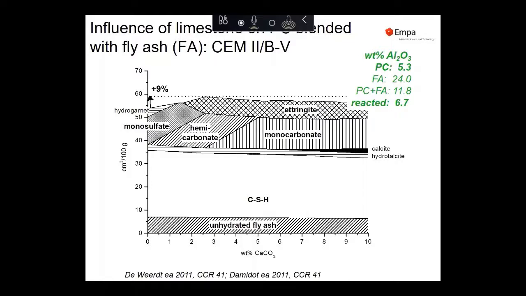If we have other cementitious materials like blast furnace slag or fly ash or metakaolin in the cement, we can also amplify the limestone effect we've seen before, as shown here on a Portland cement fly ash system, where we have, in addition to the Portland cement, around 50% of fly ash and some limestone.